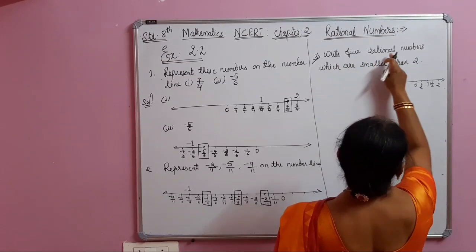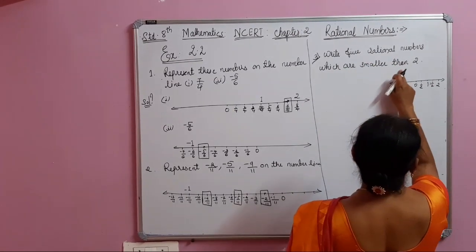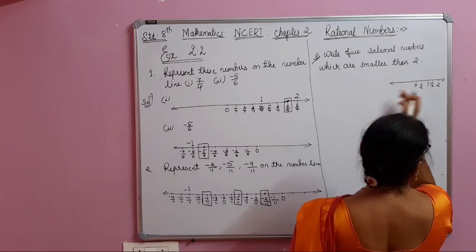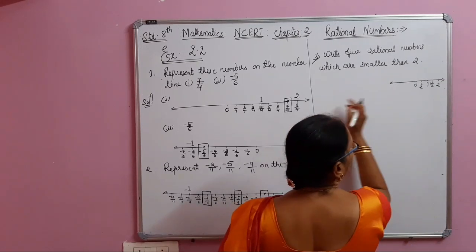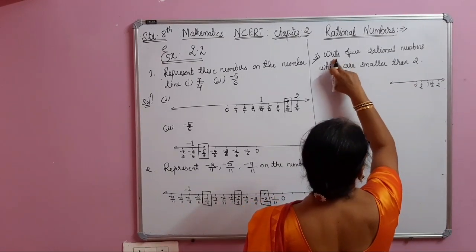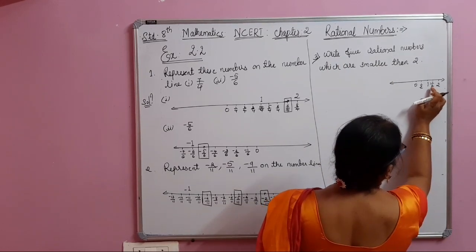So write 5 rational numbers which are smaller than 2. Like this it goes, and behind these all are smaller only. But they asked us to write 5 rational numbers. Which are those?